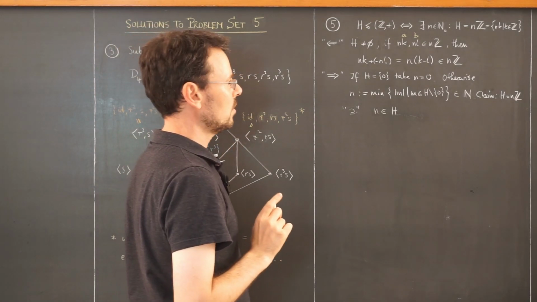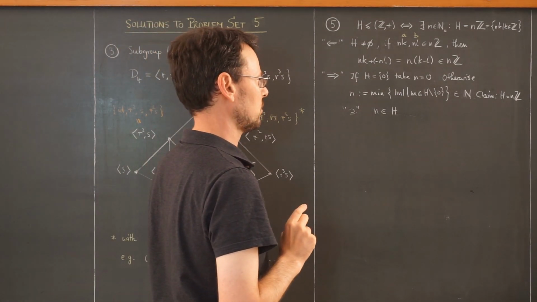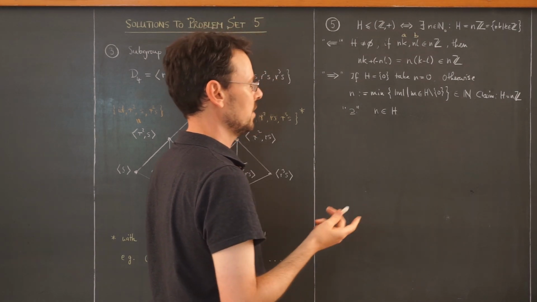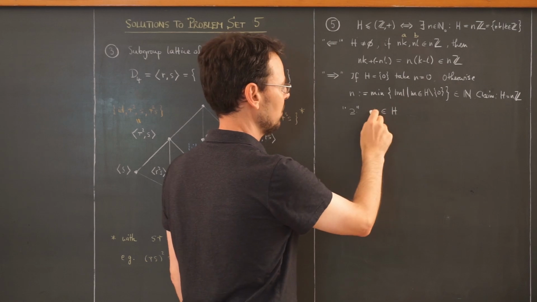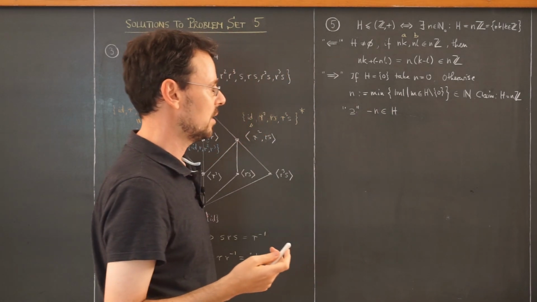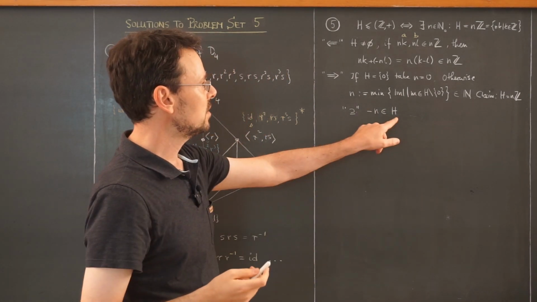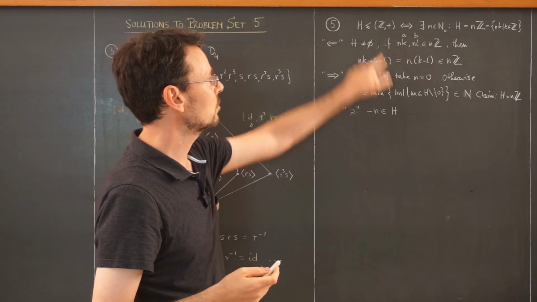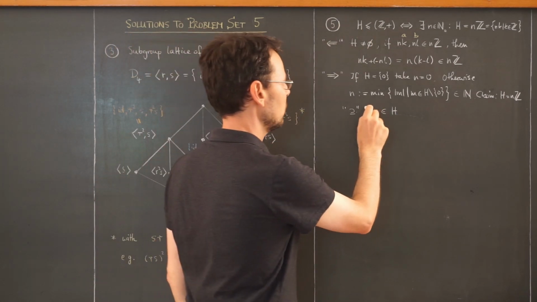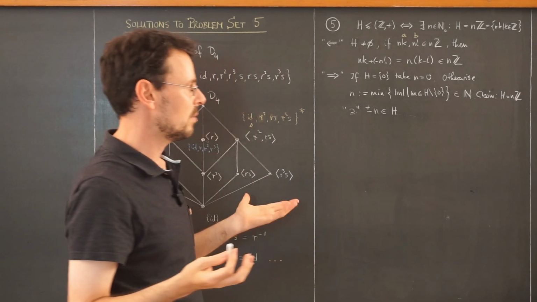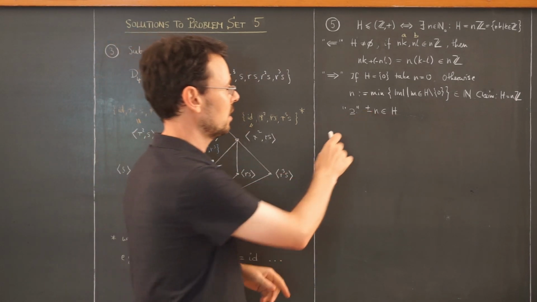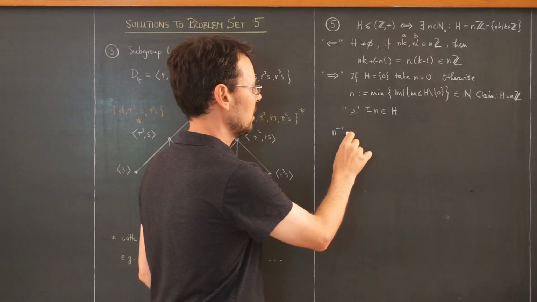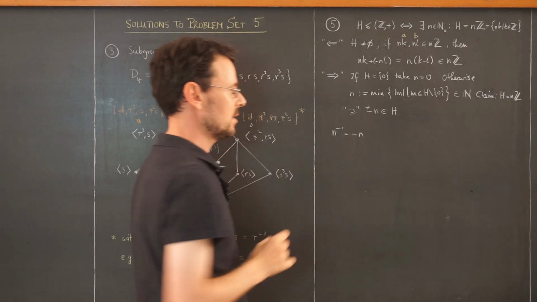So first of all, n is an element of this set, or if not, because I have taken the absolute value, minus n is, but since this is a subgroup, this is what we assumed, I know that plus n or minus n both lie inside of H. And again, we do not write n inverse, but we write minus n instead.